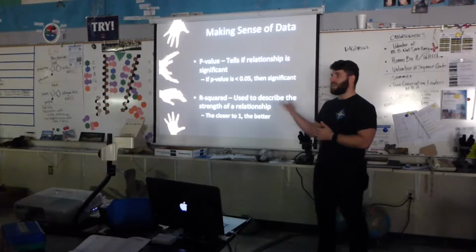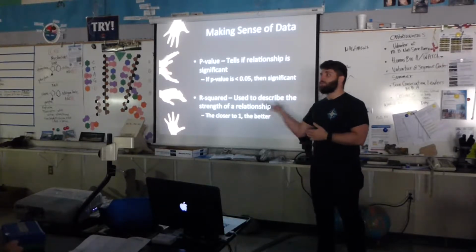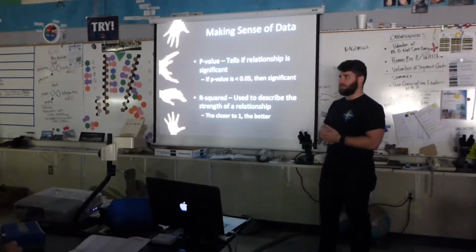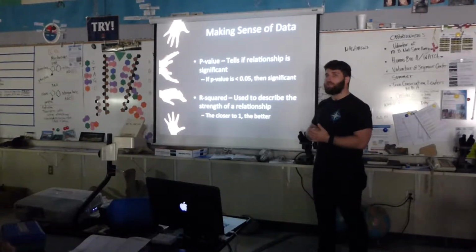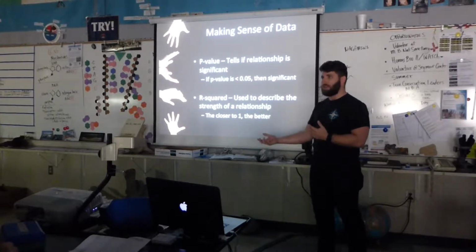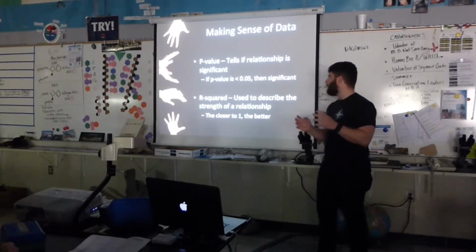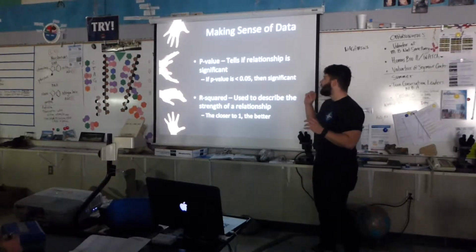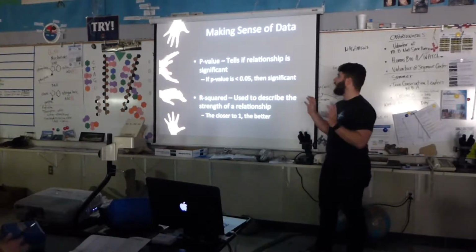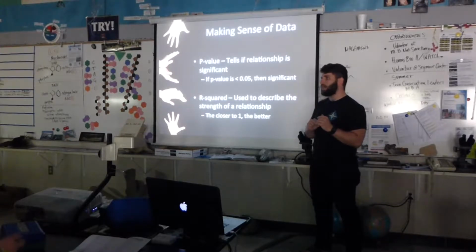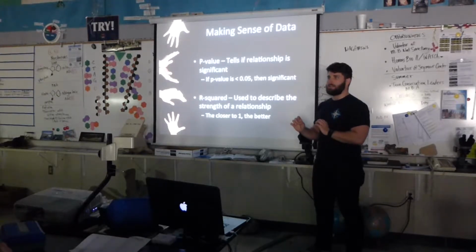Does fish length significantly predict the fish weight? Does it do a good job of telling you what the fish weight will be? Whatever. The rule of thumb is that if the p-value is less than 0.05, then your data is significant. Okay, and it doesn't matter if it's 0.04, it's still significant.